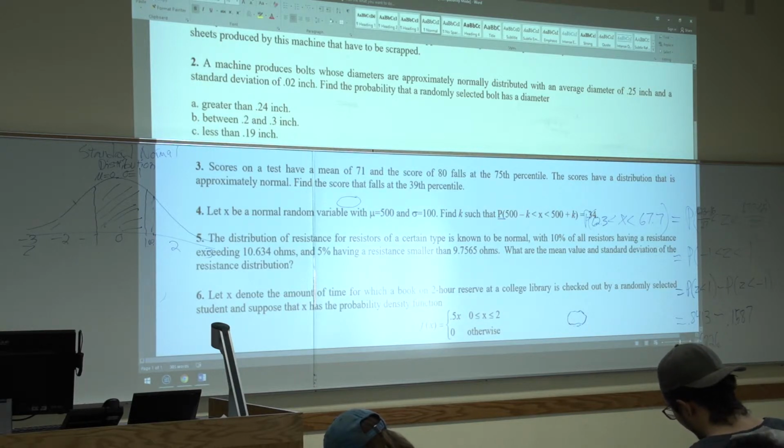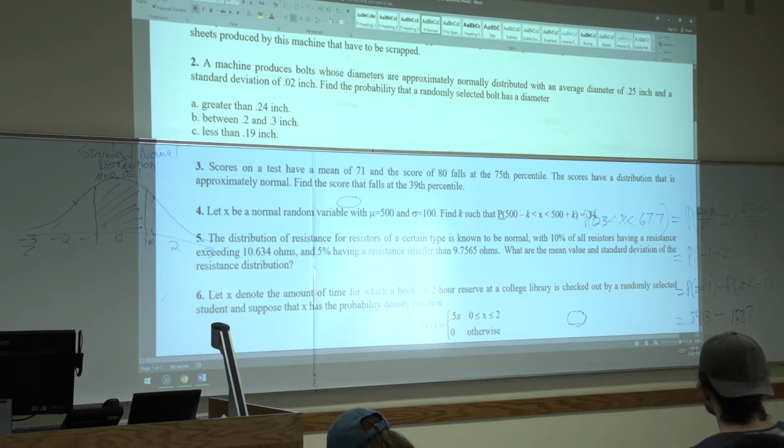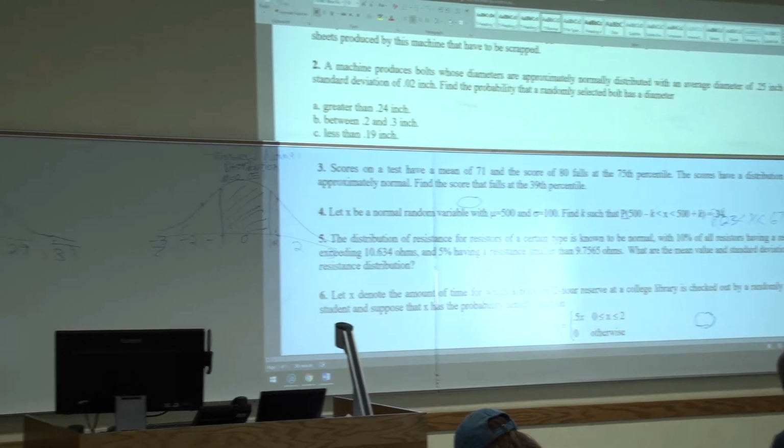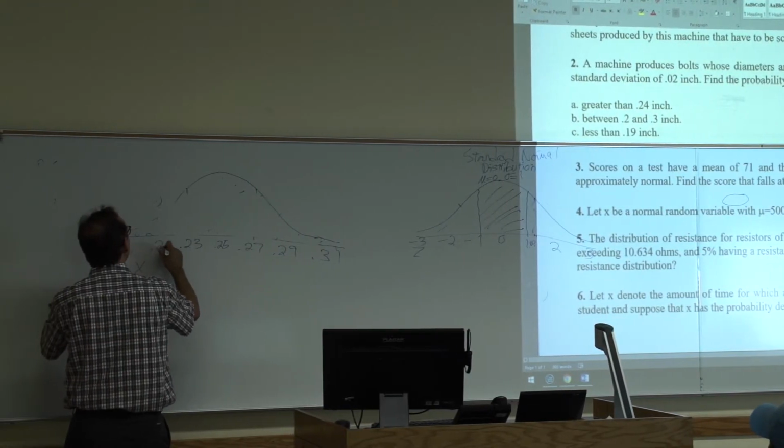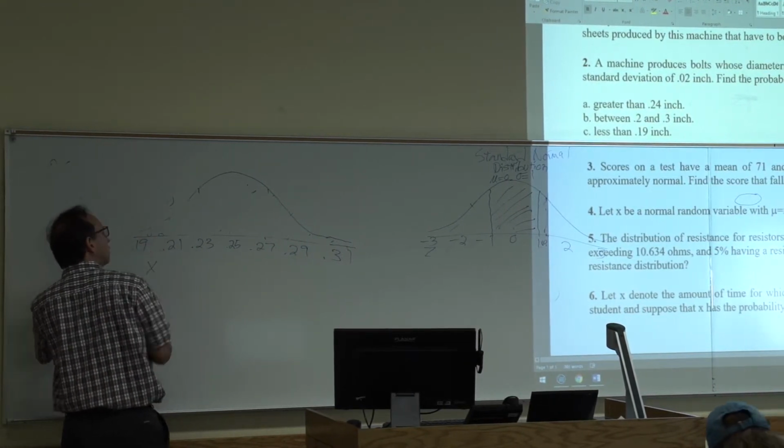So I'll go ahead and fill this in here. So we've got 0.25, 0.27, 0.29, 0.31, 0.23, 0.21, 0.19.